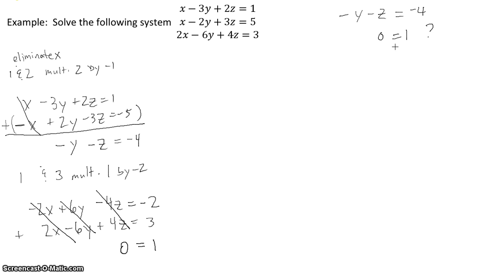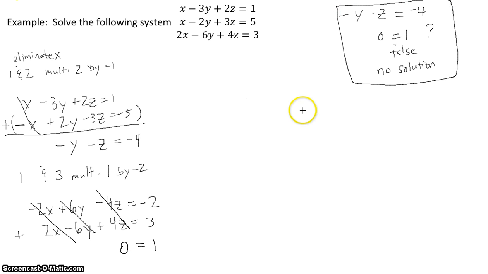Well, that's false. And anytime you try to use elimination or substitution and you deal with a false statement, you get something that has no solution. So because we had a false statement, there is no solution for this. Okay? So because we got to this point, there is no solution.